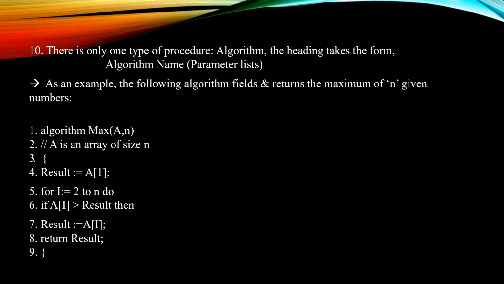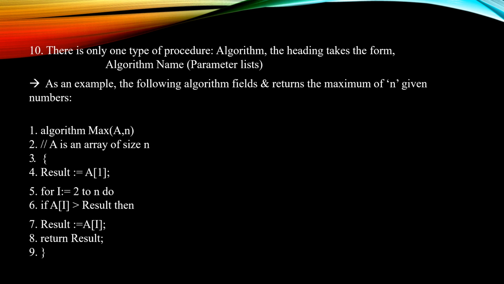Here the procedures are defined in this format: algorithm name, space, parameter list. So here is an example. The following algorithm finds and returns the maximum of n given numbers. In this example, all the conventions are present. So how the procedures are to be written, and the second statement is in a comment section.